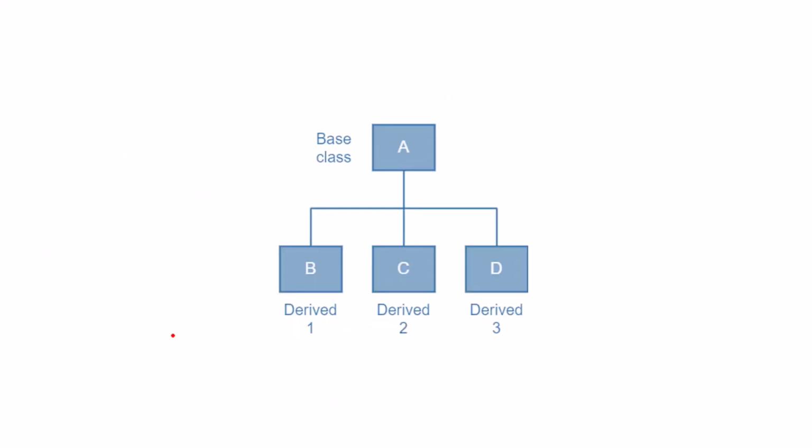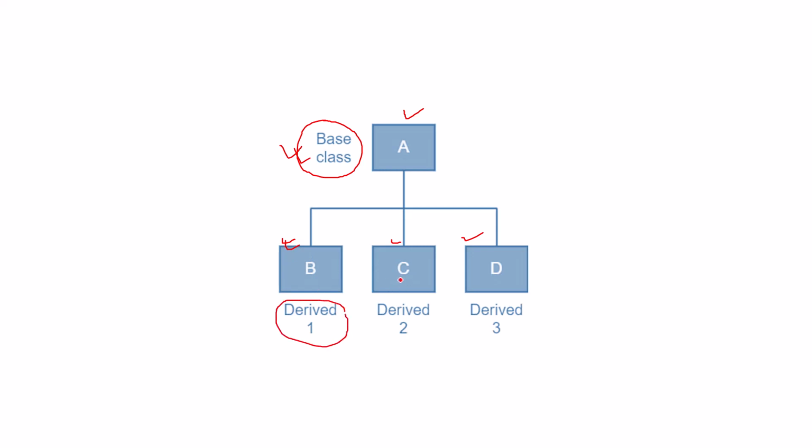In this slide you can see that we have A and we have B, C, D. Our A is a base class, or we can say a parent class, and from that parent class we create another class B, which is a derived class.